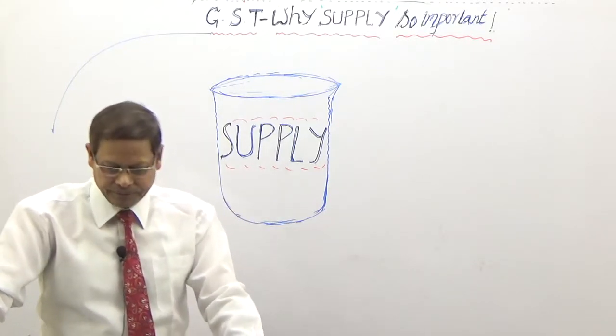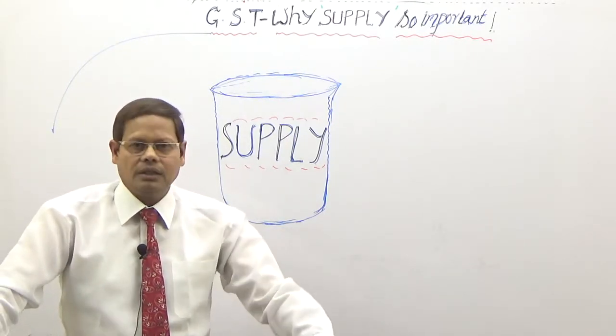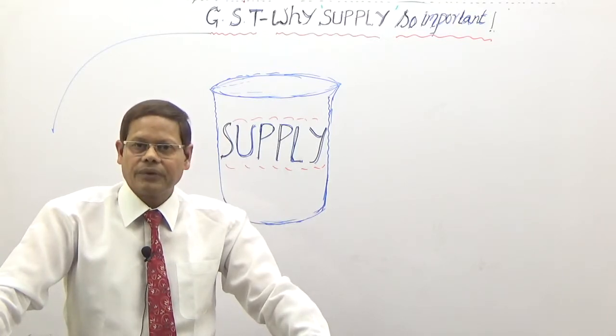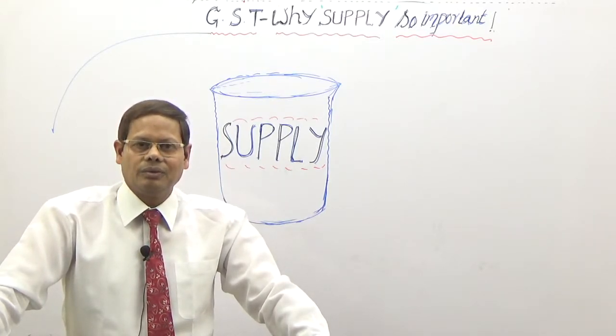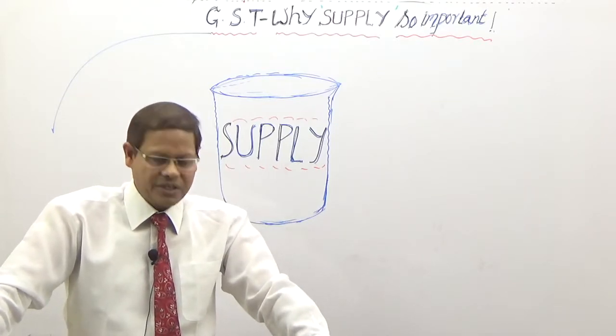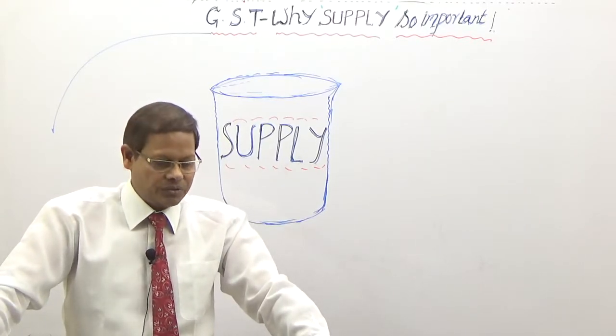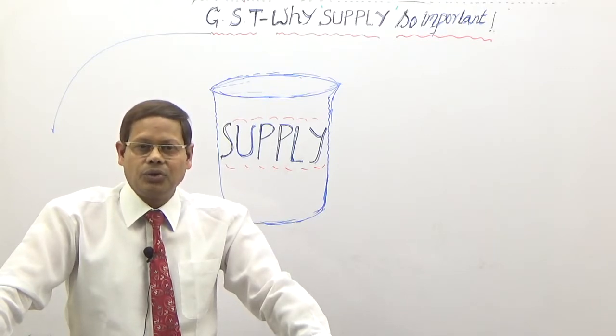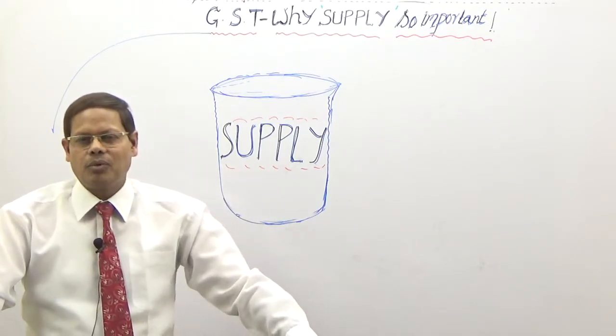We are on the verge of going into updation of indirect tax laws. In the updation process, we are going to have what we can call a dual model GST or triple model GST.